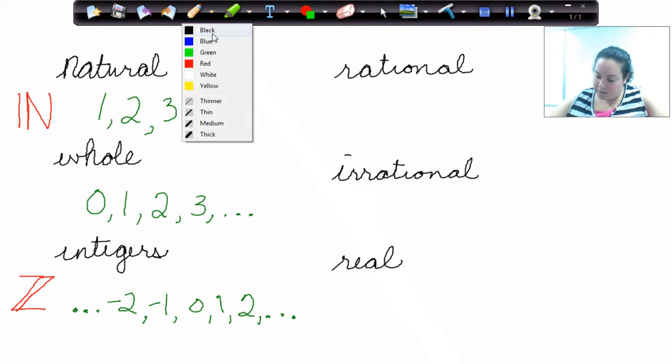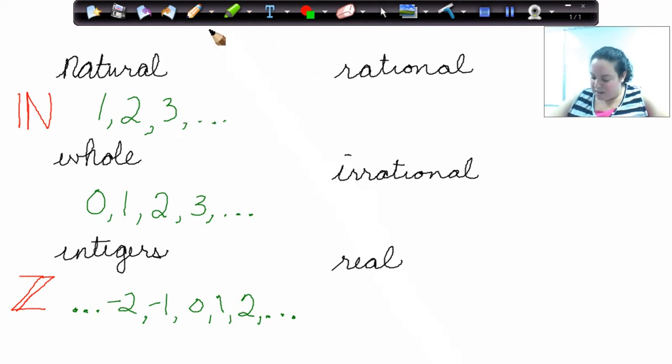Okay, let's keep going. The rational numbers. This is where it gets a little bit less clear, but the rational numbers are all of the numbers on the number line that can be written as a fraction. It doesn't have to be a fraction, it's just a number that can be written as a fraction. So for example, 5 is a rational number because 5 can be written as 5 over 1.